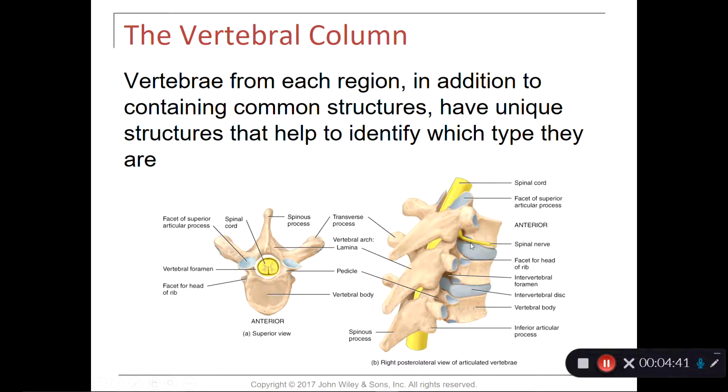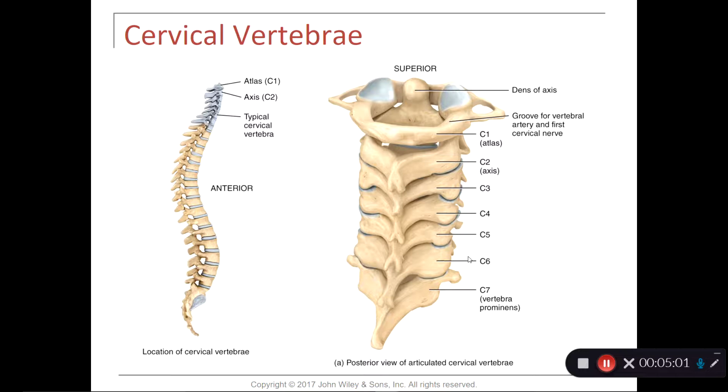Nearby these discs, the spinal column is able to send out spinal nerves to interact with and sense, or send off motor signals, which we'll talk about next session, out into the body.